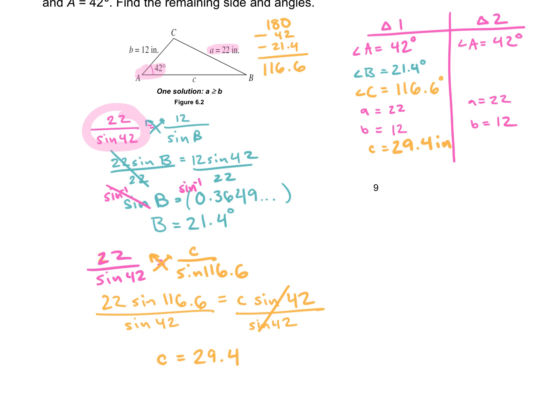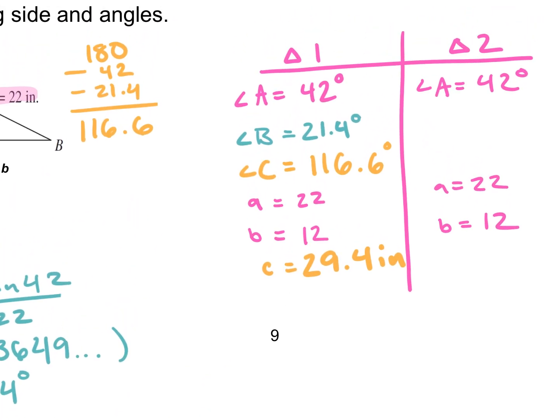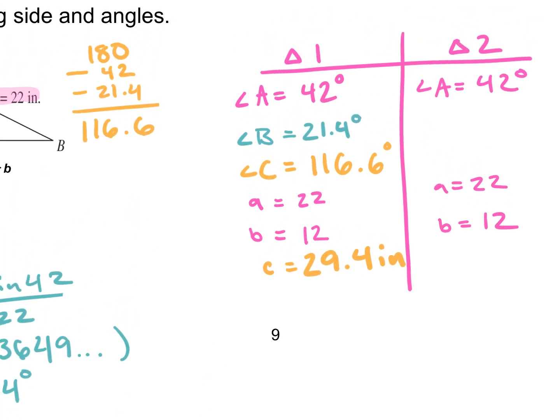All right, so we did the same thing we were doing in the first couple examples. We found all of our important information for triangle 1. We solved triangle 1. Now we want to see if we have two triangles. Now to do that, we always want to take the first angle that we found. So after the given, what was the first angle we found? B. I wrote it here first so we can be organized and we know what we're doing. So B was the first angle we found.